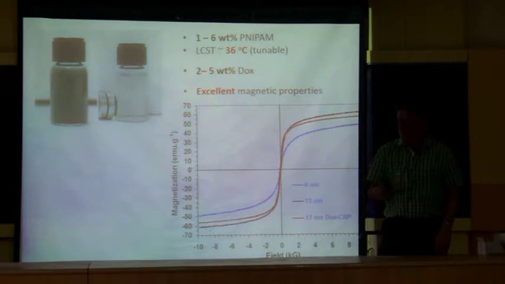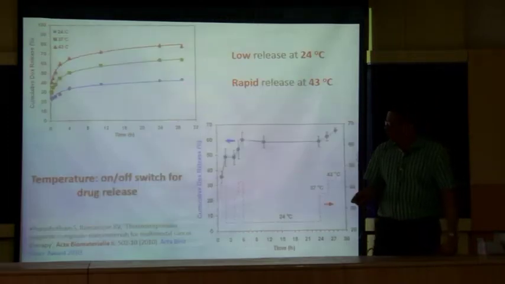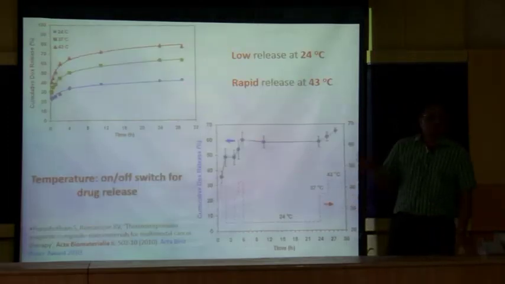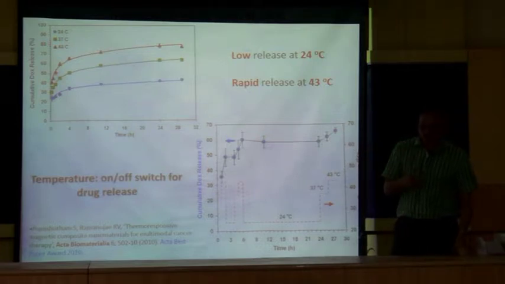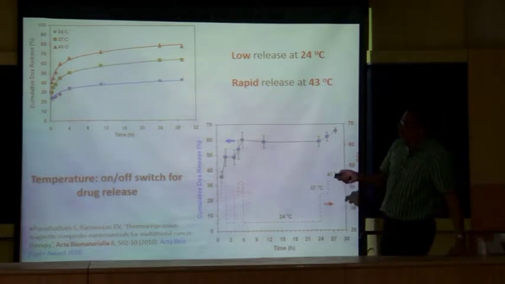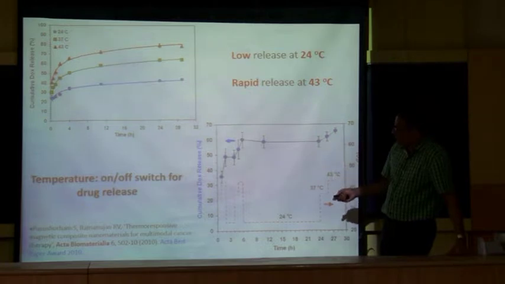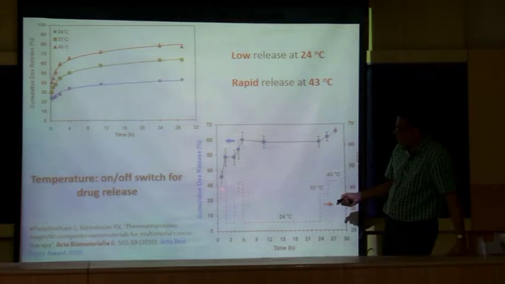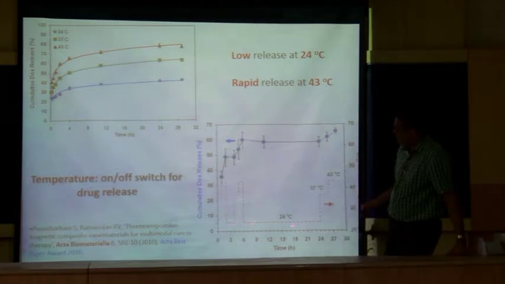And then we performed tests for the usefulness of this material. I will show you some in vivo experiments later, but look at the principle first. We found that we can heat up using an AC magnetic field and increase the temperature, and switch off the AC magnetic field and decrease the temperature.